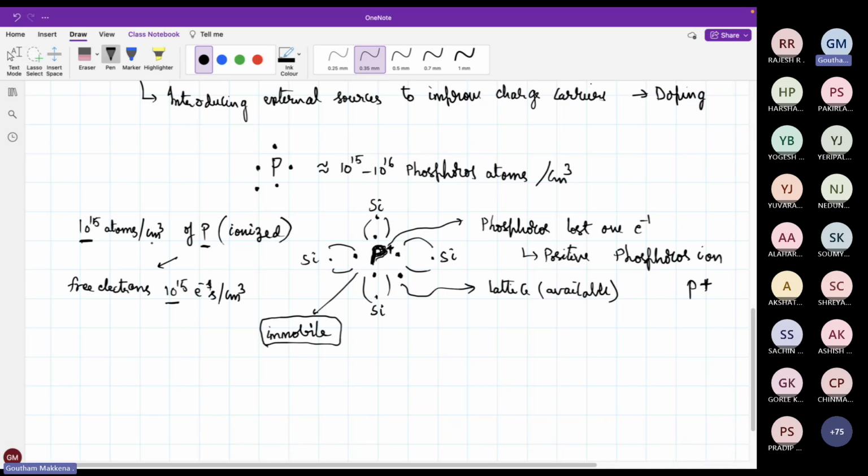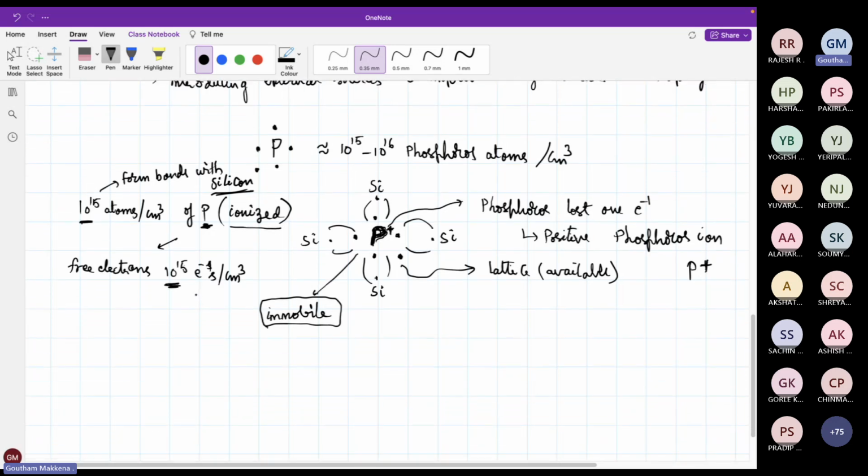That means all these atoms form bonds with silicon. So I'll get all these 10 power 15 electrons only if all the phosphorus atoms are ionized. Anyways, that is not the point of discussion over here.